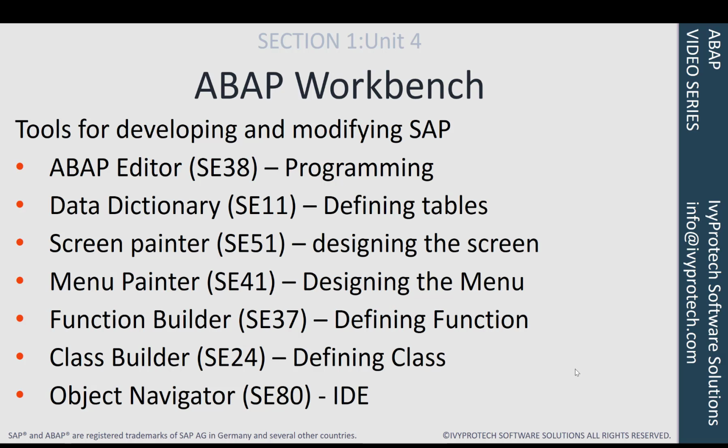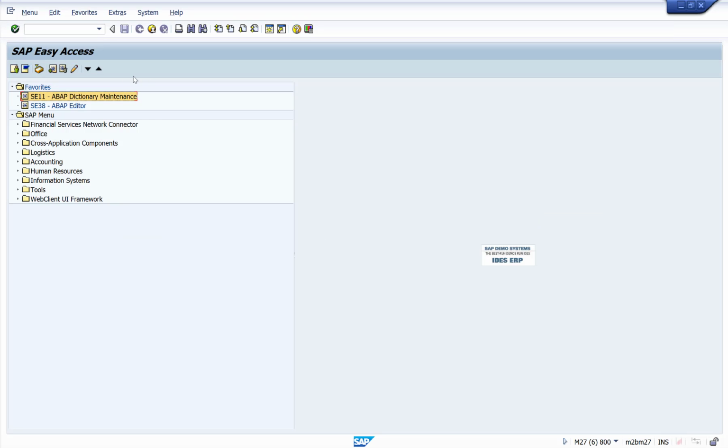And as I said, instead of working with these tools individually, remembering all those transactions and opening them in different windows, we can use a single tool called Object Navigator SE80. Using this, we can create different things in one place. So for example, let's say I'm creating a program.